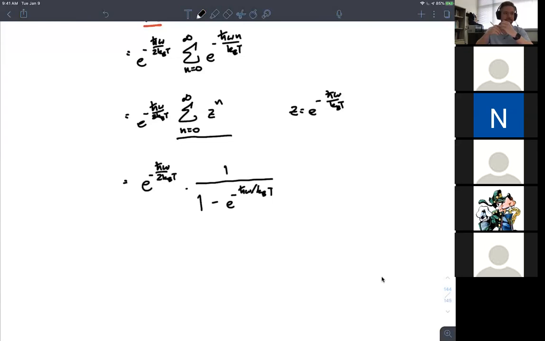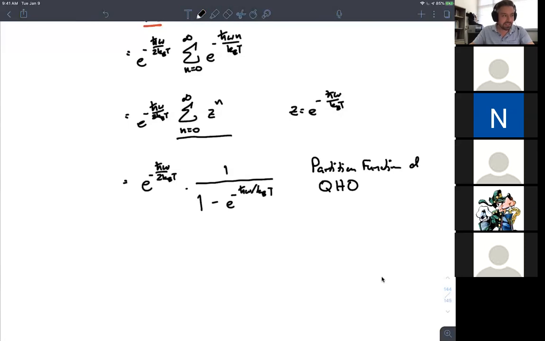Okay, so this is the partition function for quantum harmonic oscillators.